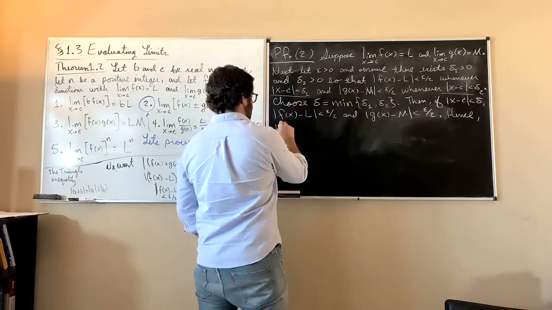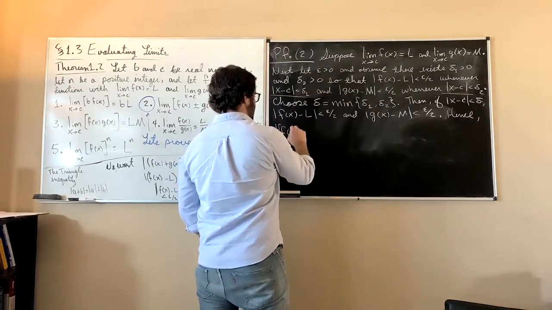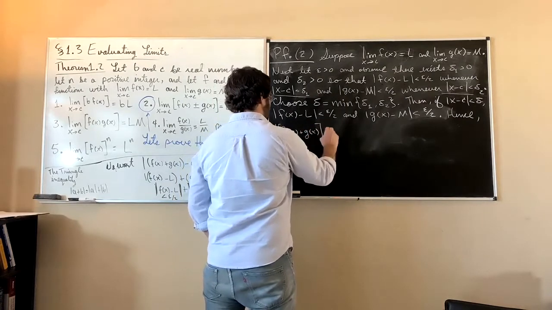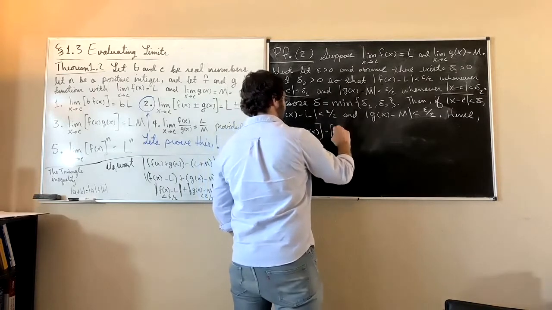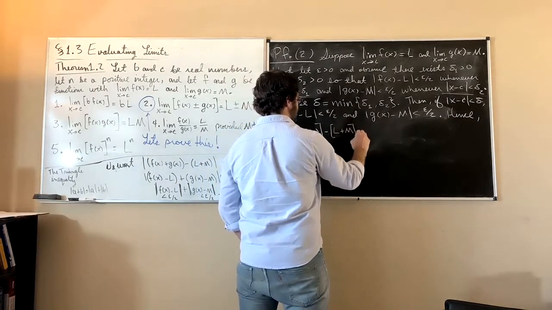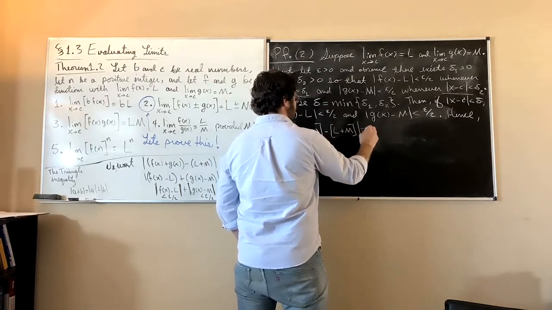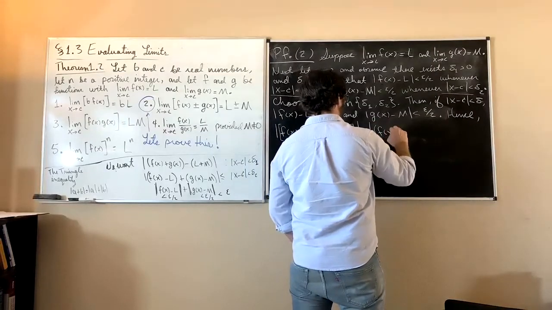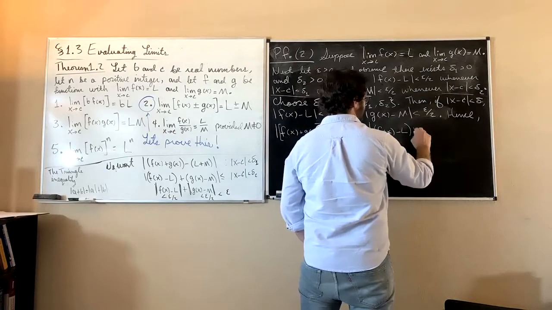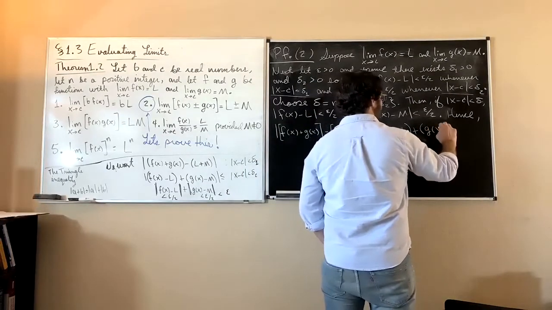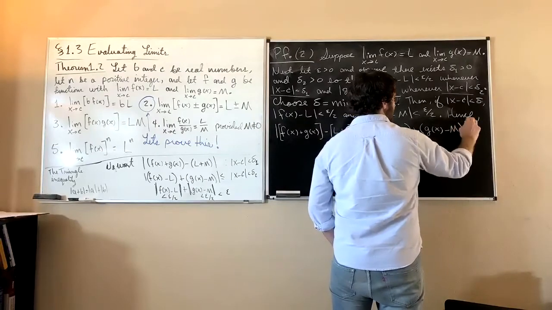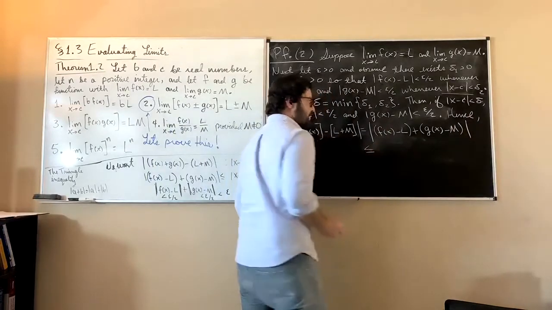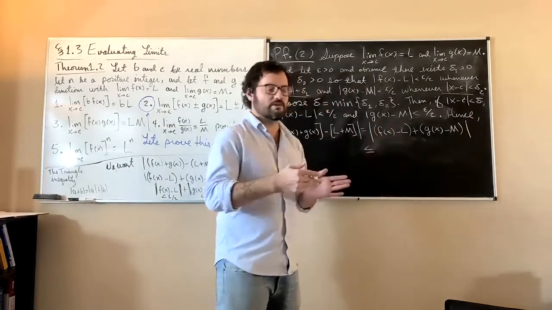The absolute value of f of x plus g of x minus L plus m is equal to the absolute value of f of x minus L plus g of x minus m, which by the triangle inequality, the absolute value of the sum is at most the sum of the absolute values.